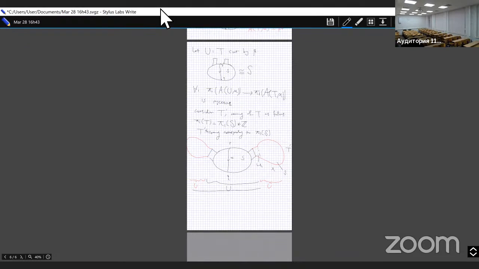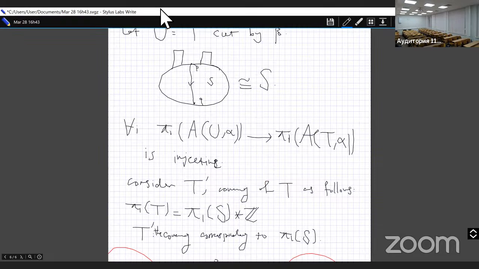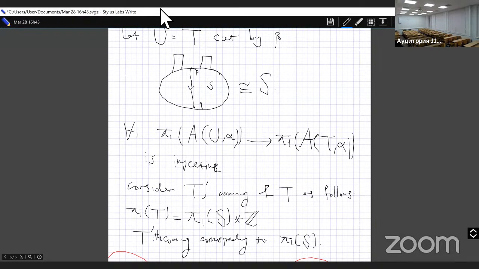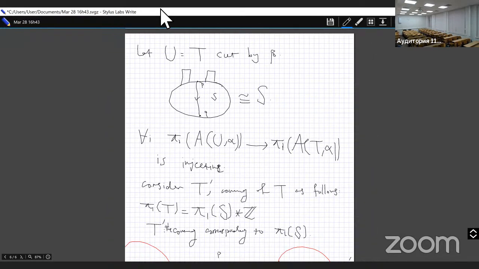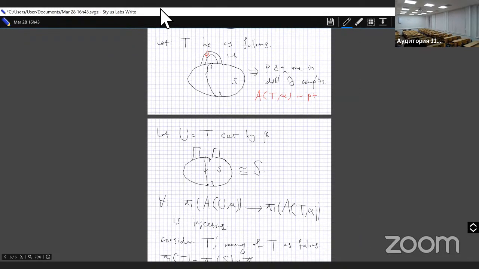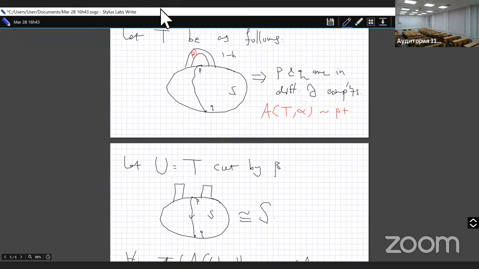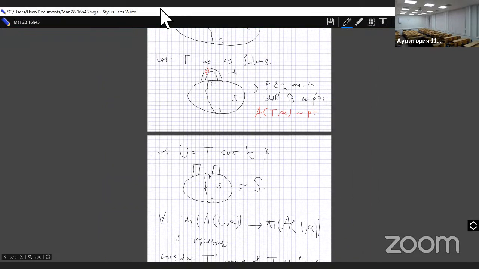First of all, let me explain one more time what I constructed. First the case that P and Q are in the same boundary components. Then I constructed T as follows. So in T, P and Q are in different path components. So we know that A T alpha is contractible.